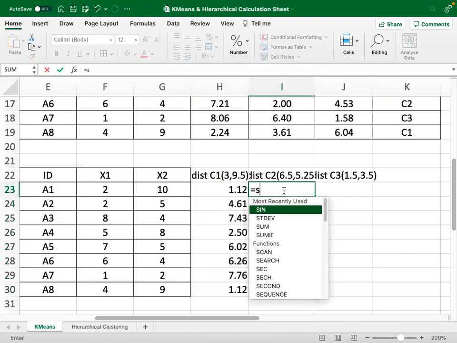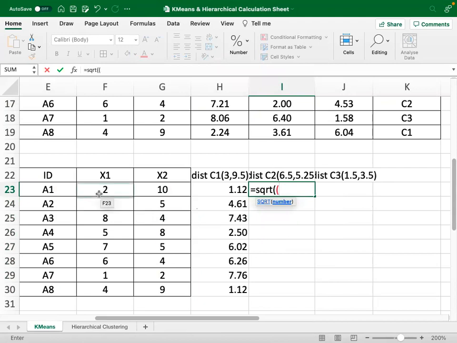Similarly, it is equal to SQRT open two brackets, the first observation 2 minus 6.5, the centroid, to the power of 2, plus open bracket 10 minus the centroid 5.25 to the power of 2.